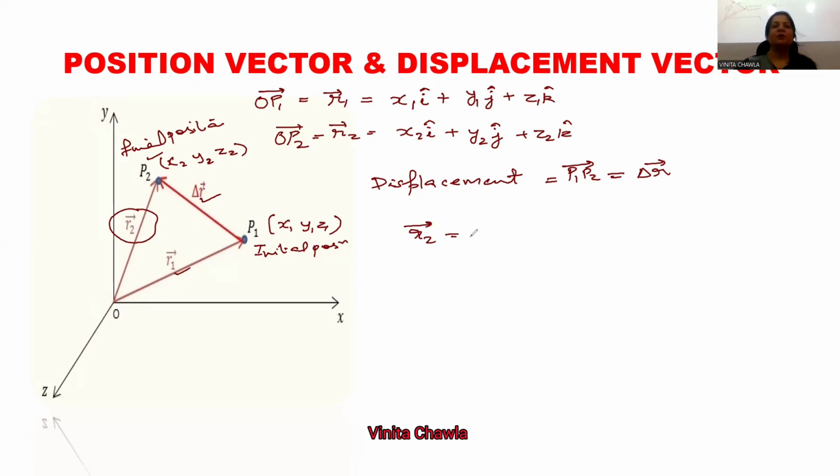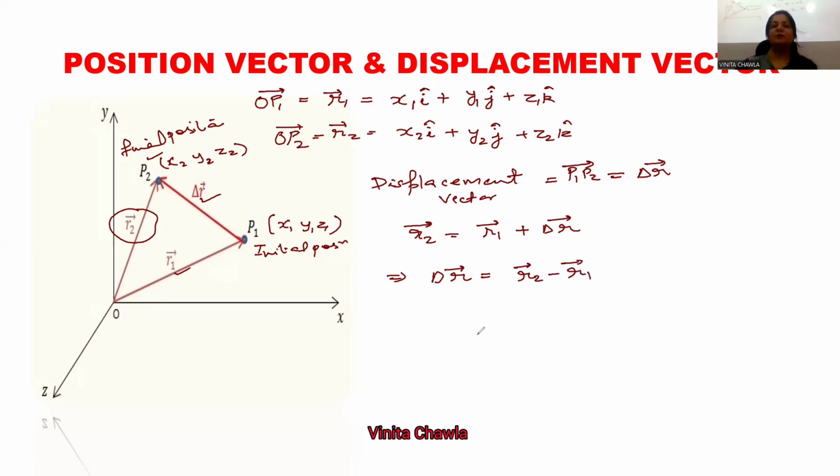This is how we write. So we can consider vector r2 as the resultant vector. So vector r2 is equal to vector r1 plus delta r vector. And what is delta r? It is the displacement vector. So from here we can write delta r as vector r2 minus vector r1.